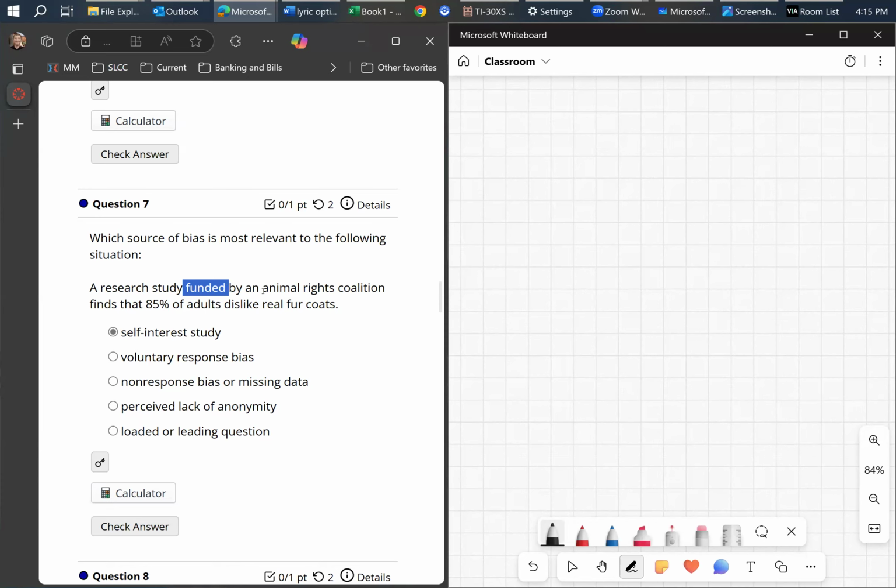So Animal Rights Coalition coming up with a study that says people don't like real fur coats, that's in the best interest of the Animal Rights Coalition. So that's in their self-interest. So watch out for who funded it. They talk about funding. Chances are good it's the self-interest study option, the bias.